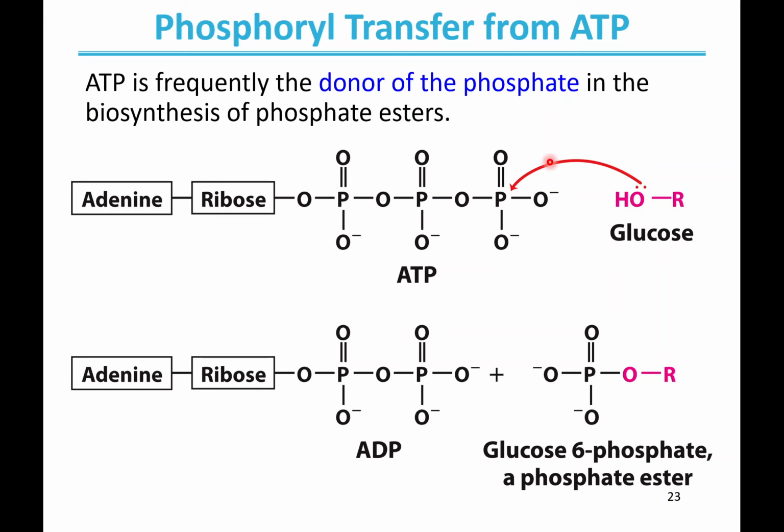Right. So you can get this nucleophilic attack by an OH group on glucose. That will form a pentacovalent intermediate, and then the phosphate group, because this is a very high energy bond, will leave with the glucose.